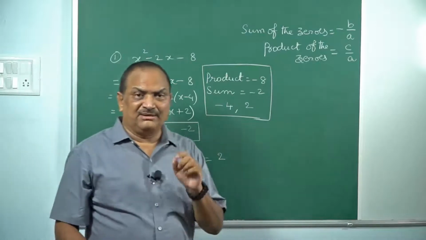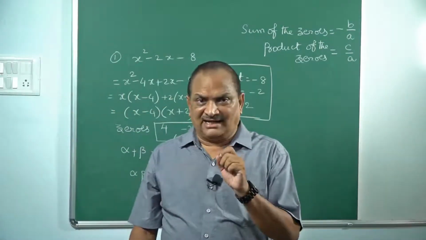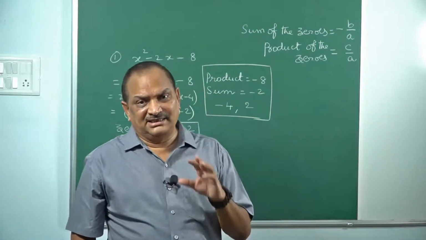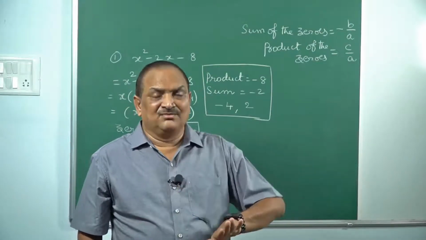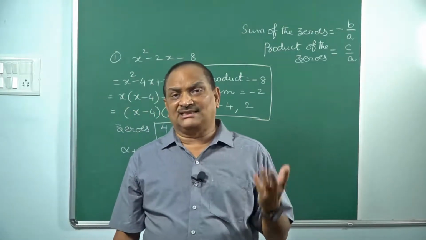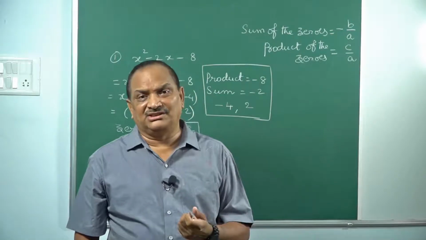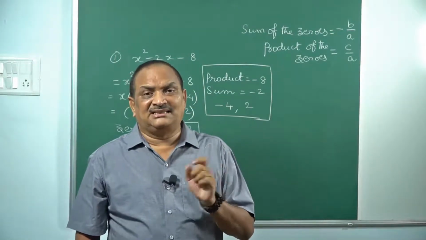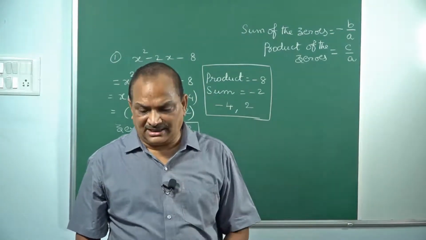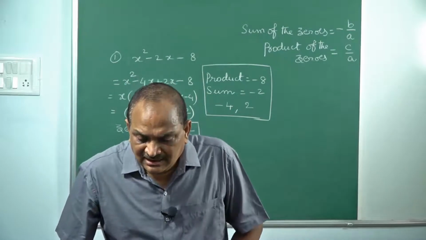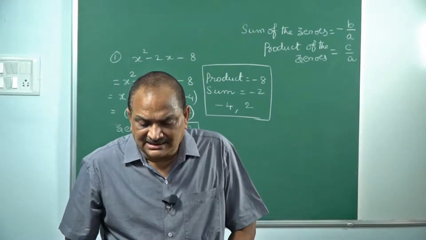So you are given a polynomial, you have to factorize that, determine the zeros, leave it there. And you also can find out the sum of the zeros and product of the zeros using the formula and check if these two match or not. Okay, and there is one problem here, an interesting one.